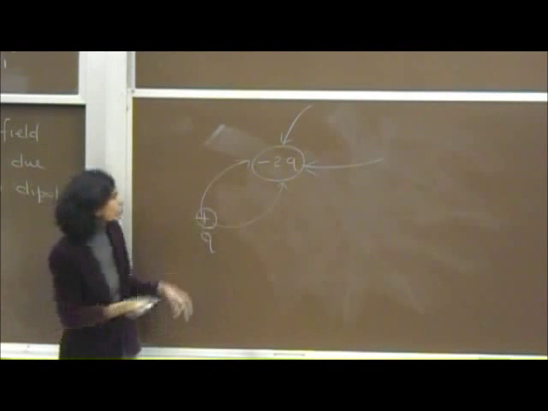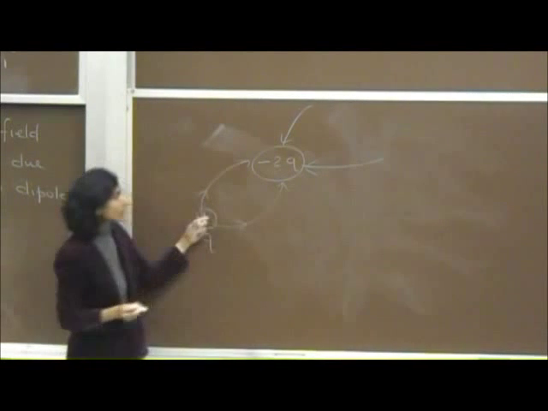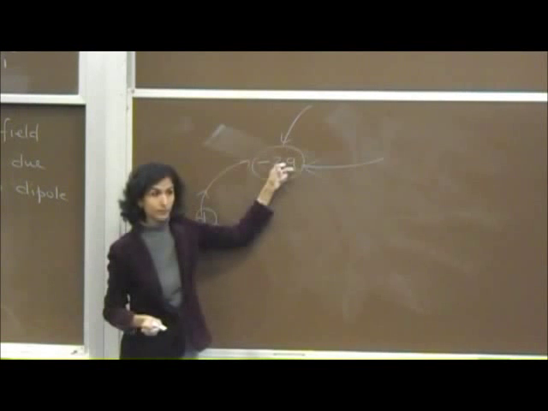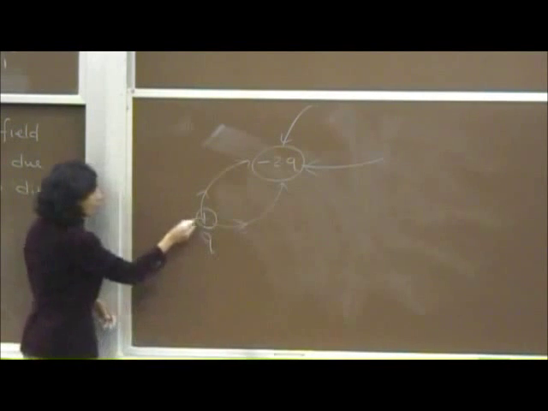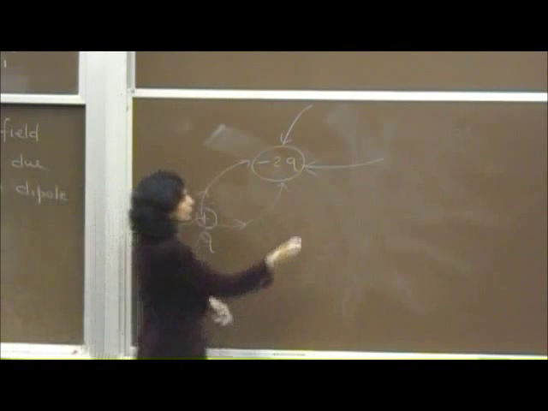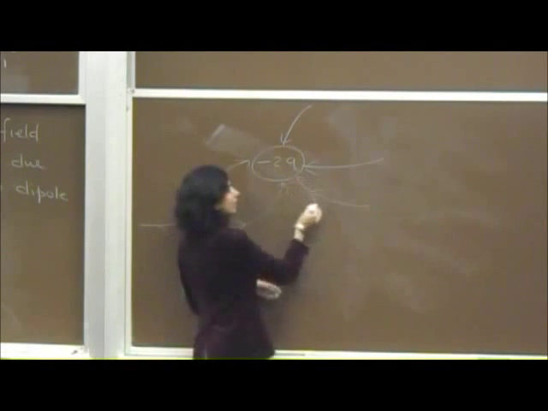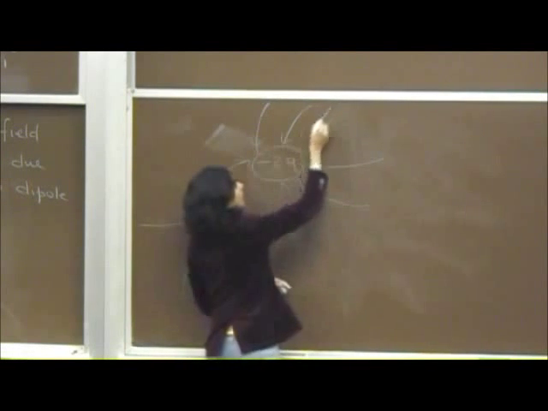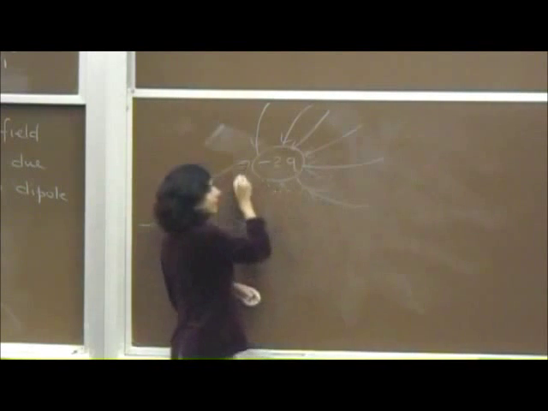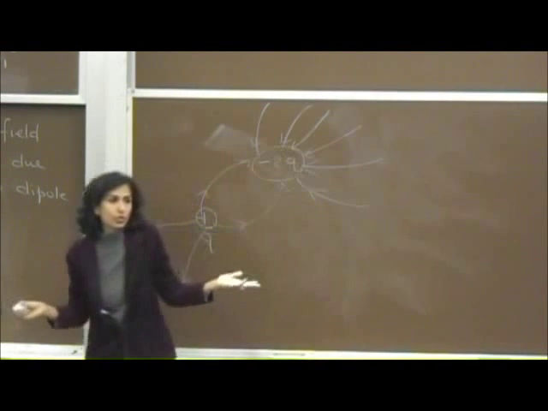You see what I'm saying? So if you decided to draw 2 electric field lines for this, you should be drawing 1, 2, 3, 4 for this one. If you decided to draw 4 electric field lines going out of this, then you should be drawing 8. 1, 2, 3, 4, 5, 6, 7, 8. 8 electric field lines going into minus 2Q.